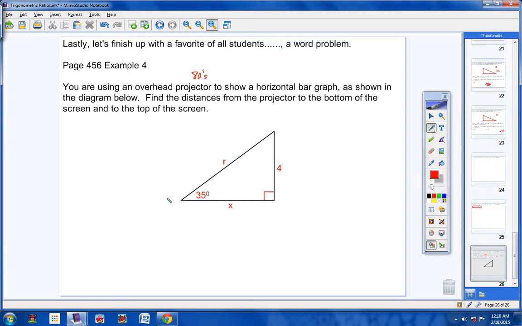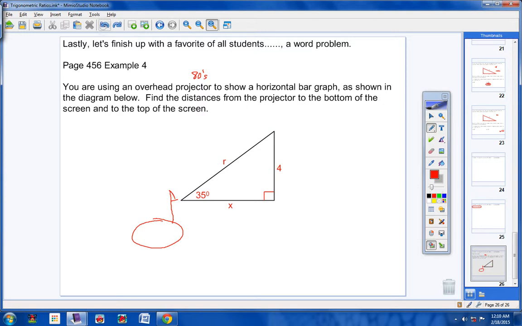So here is your overhead projector right here, like you see in your book. And my skills, I know my drawing skills are just nothing short of amazing. And here's the screen over here. Here's the top of the screen. Here's the bottom of the screen over here, okay? This looks more like a golf hole in golf with a flag, and there's the hole for the golf ball. That's pathetic.